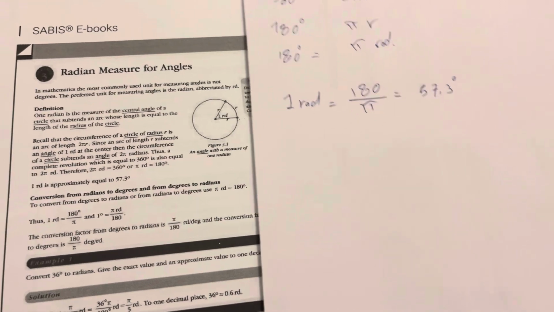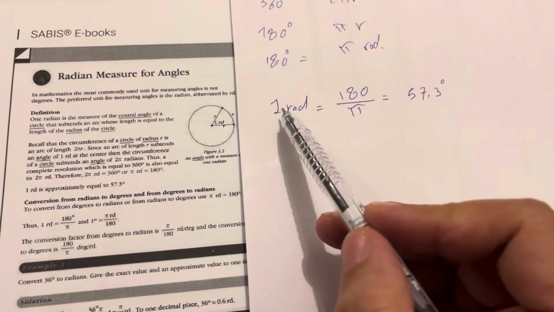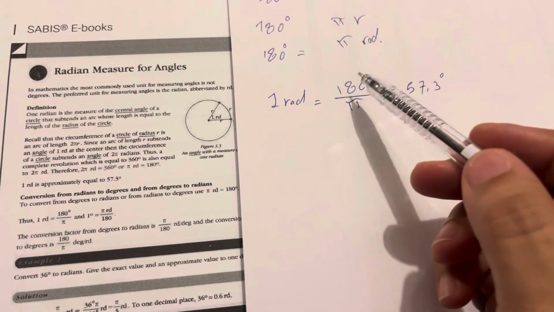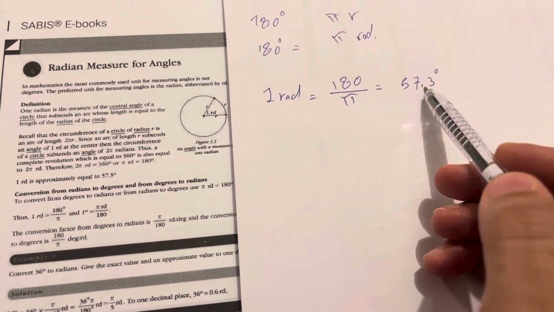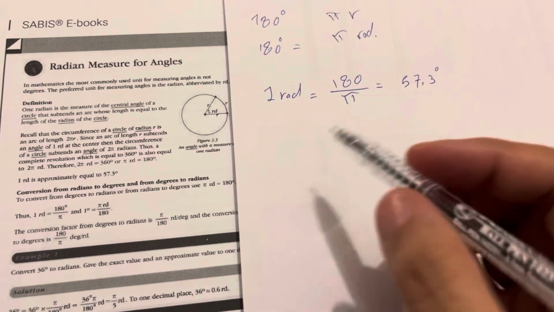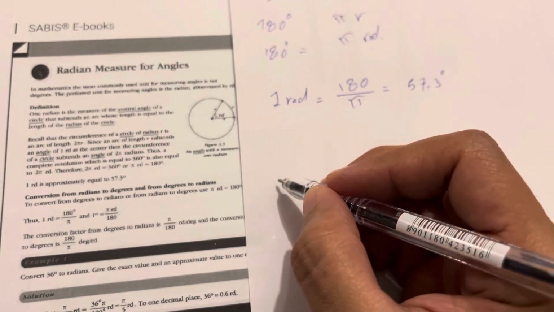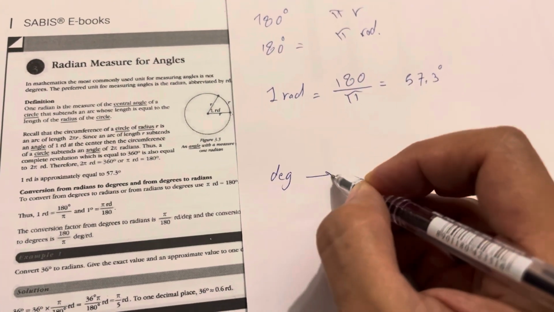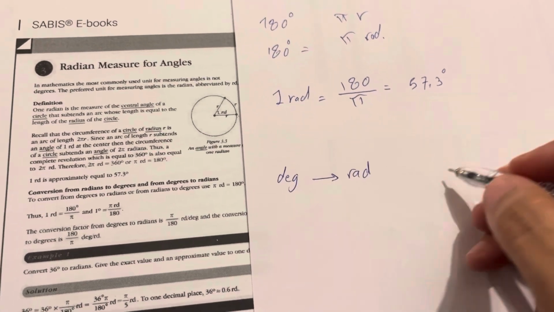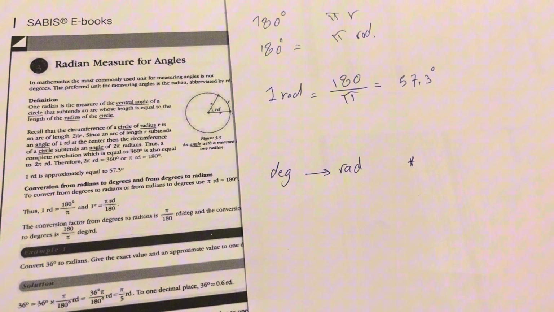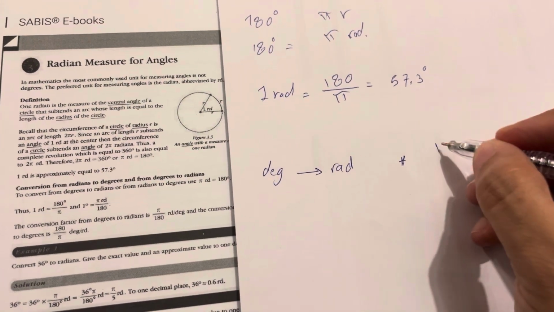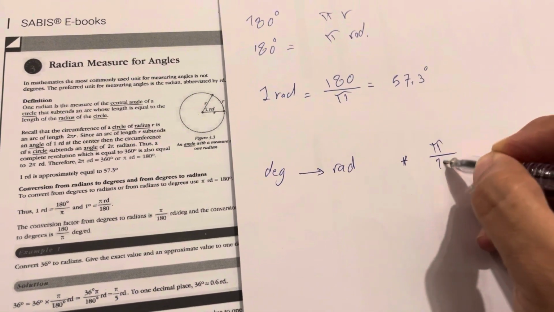So to convert from radian to degrees, you will multiply by 180 over π. And to convert from degrees to radian, you will do the opposite. If you have an angle in degrees and you want to convert it to radian, you will multiply by π over 180.